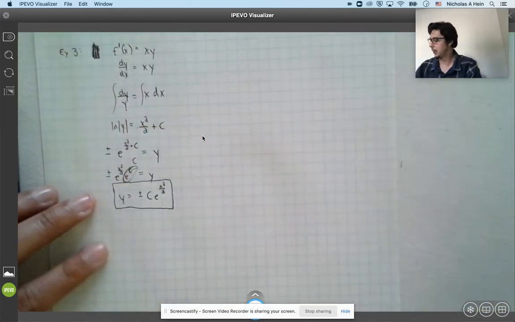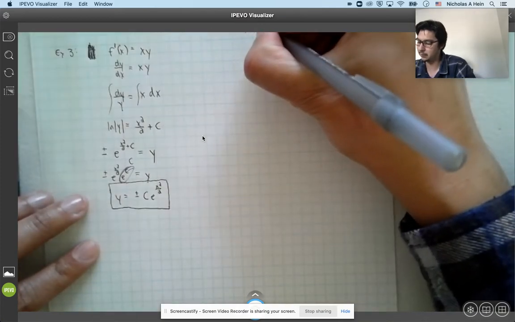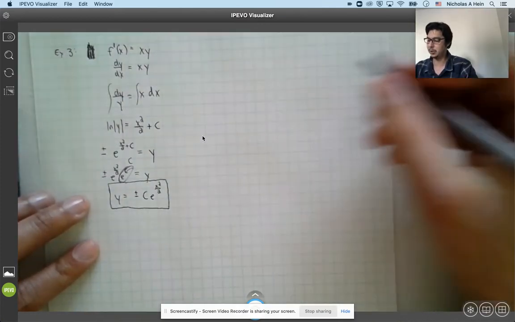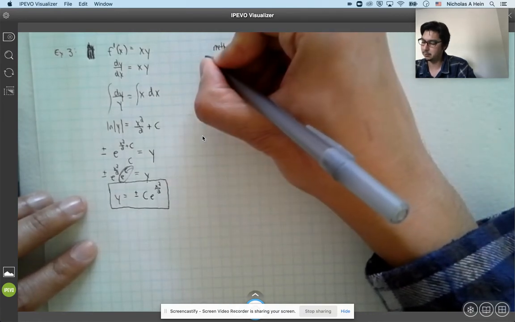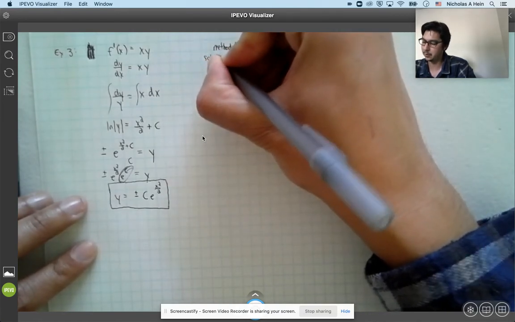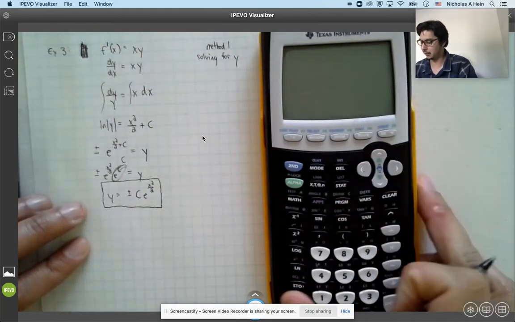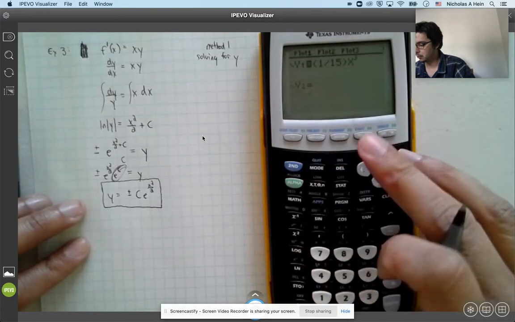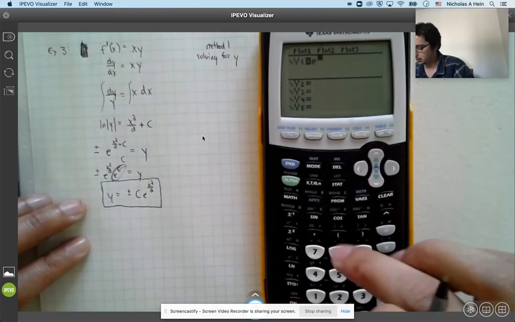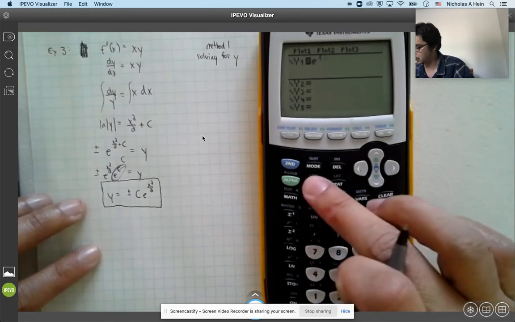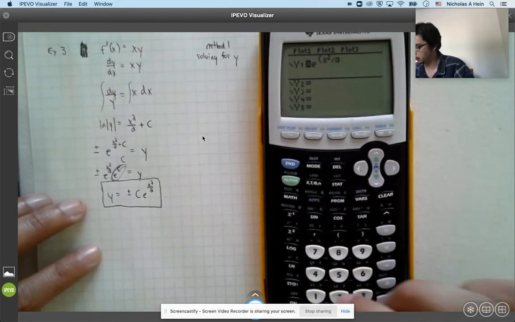Okay, so say we wanted to know what the graph looks like. So what's the graph of y? Well, using method 1 of solving for y, let's use our graphing calculator here. Y equals e to the, put this in parentheses, x squared over 2.